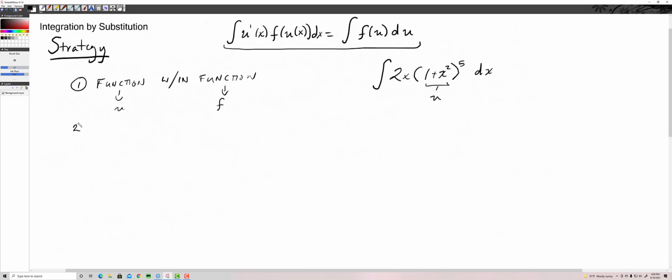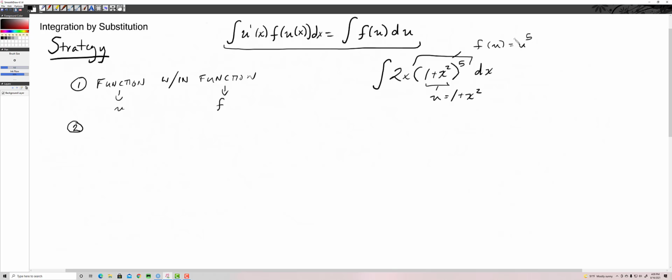The second thing that you're going to be looking for, after you've seen this function within a function and found the one that's inside the other function: in this case, u is the one that's inside the function u to the fifth. u is going to be 1 plus x squared, and this broader function, f of u, is u to the fifth.